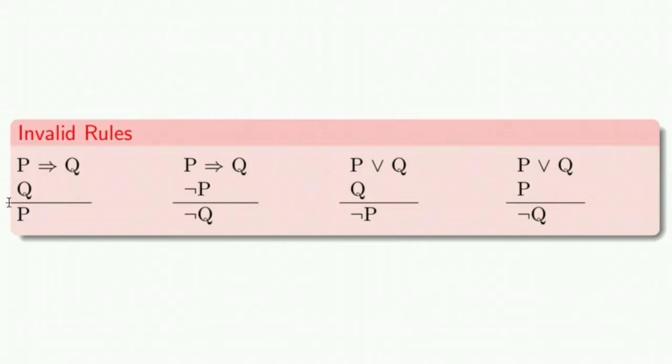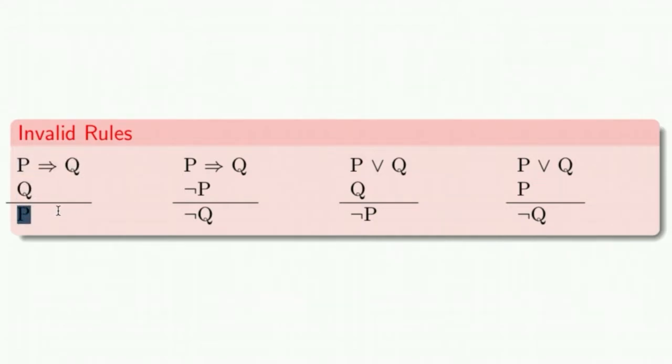So take the first one here, P arrow Q, Q, therefore P. That's not actually a rule. The real rule, the arrow out rule, the modus ponens version, says P arrow Q, and then P as a premise, and the conclusion is Q. It's been inverted here, and so if you were to appeal to a rule like this, or if you made a move like this, if you had something of the form P arrow Q, and then Q, and you wrote down P, that would be a mistake.